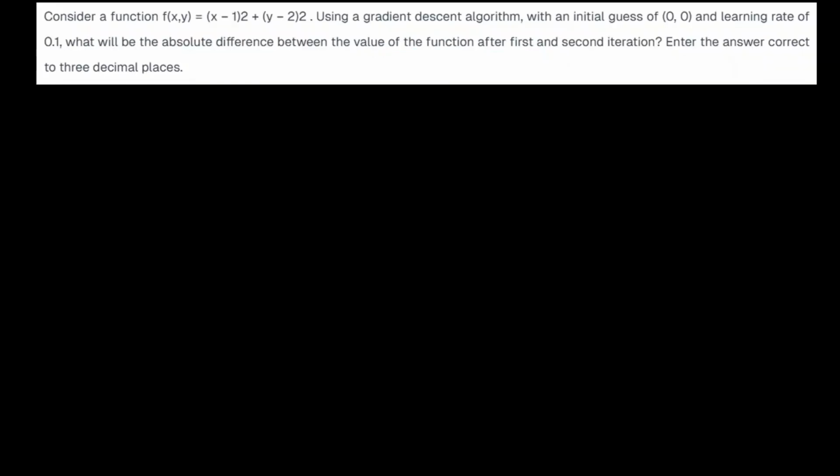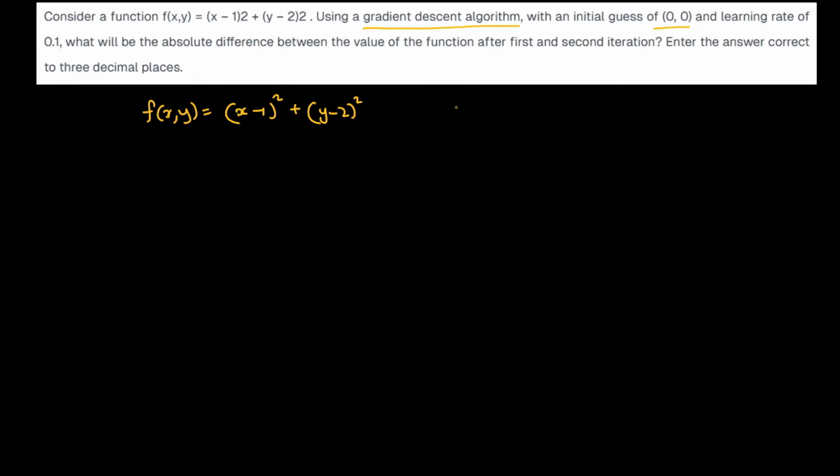Alright, so here we have a function given by f(x, y) equal to (x minus 1) squared plus (y minus 2) squared, right? And we are asked to use the gradient descent algorithm, and we are given an initial guess of (0, 0), right? Okay, so let's get started.